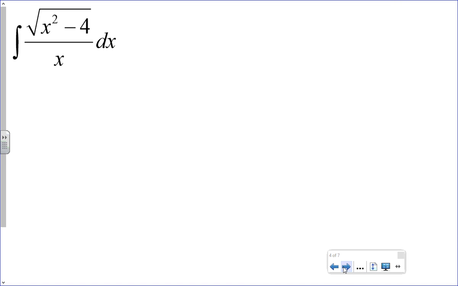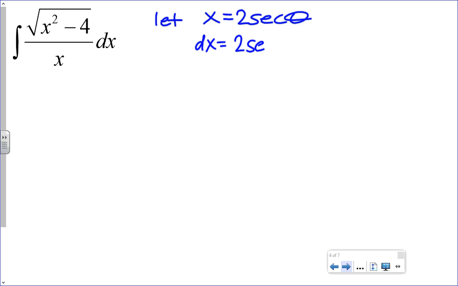Okay, so we have square root of x squared minus 2 squared, which means we can let x equal 2 secant theta. If it's x squared minus a squared, then secant. Which means dx is 2 secant theta tangent theta d theta.